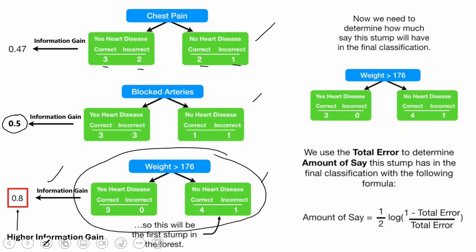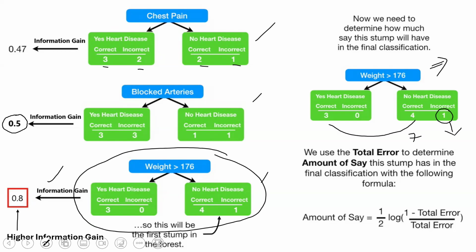Now the next thing we want to calculate is how much say this particular stump will have in the final classification. That is the next step, right? We came up with one stump and it made some predictions. How many predictions has it done correctly? It has correctly done 7 predictions, whereas one particular record is wrongly predicted.